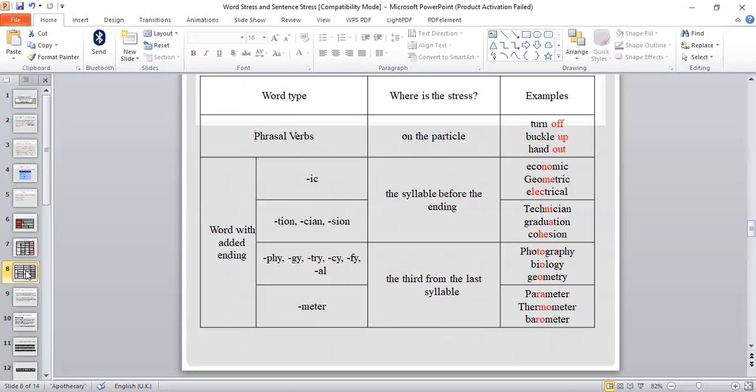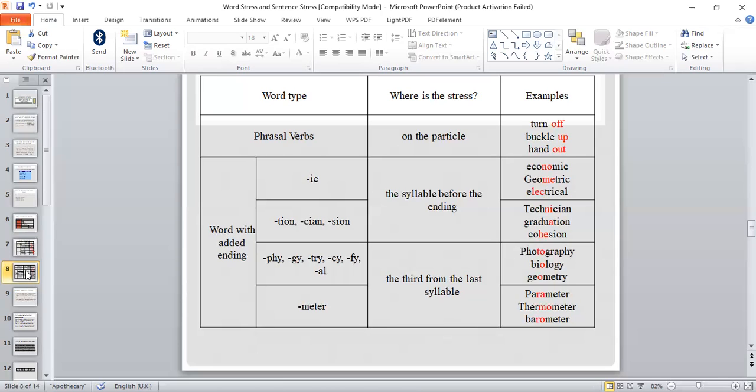If you have electric, the stressed syllable is on the second one. We have geometric, the second one, economic, the second one. So pay attention to that. Once you are able to identify those, you get the words pronounced easily.